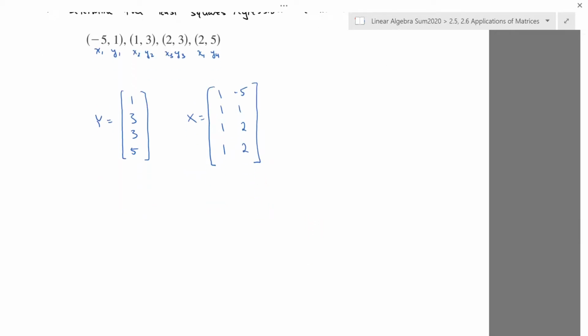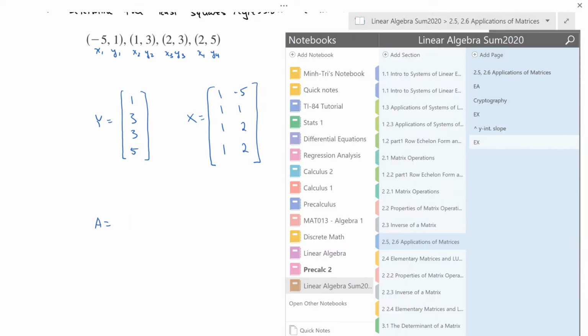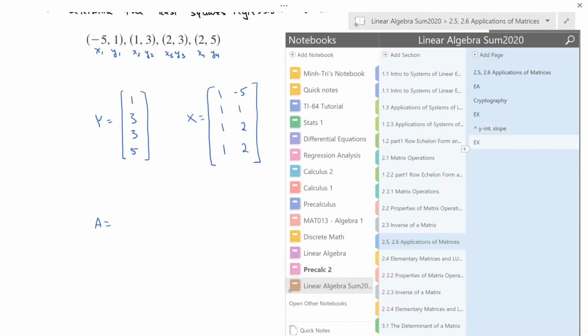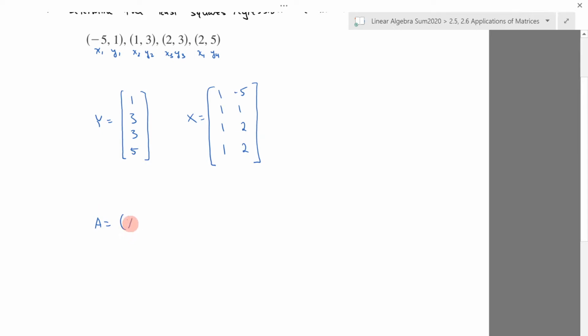Okay, so our matrix A is calculated as x transpose x, that whole thing inverse, and then times x transpose times y.